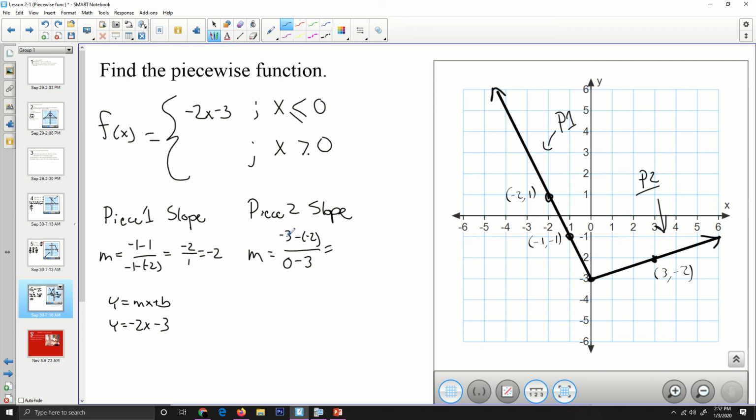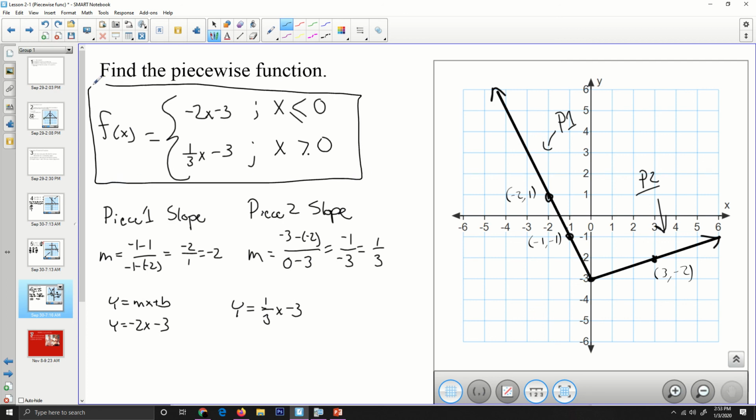Change in y is negative 3 minus negative 2, which gives me negative 1 over negative 3. That'll give me a positive 1/3, and positive 1/3 makes sense because up 1, right 3 gives me that point there. And again, I have a y-intercept at negative 3, so my slope-intercept form will be y equals positive 1/3 x minus 3, and that is what I'm going to put for that piece of my piecewise function, and that is my final answer.